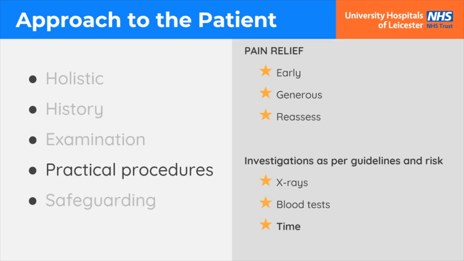Further investigations would be recommended as per the guidelines depending on your findings, and generally involves plain films, most commonly of the hips, blood tests looking for inflammatory markers, and crucially, time. When risk stratifying the patient in front of you, it may be reasonable to give that patient a few days and arrange to follow them up to determine which direction their symptoms and signs are heading.